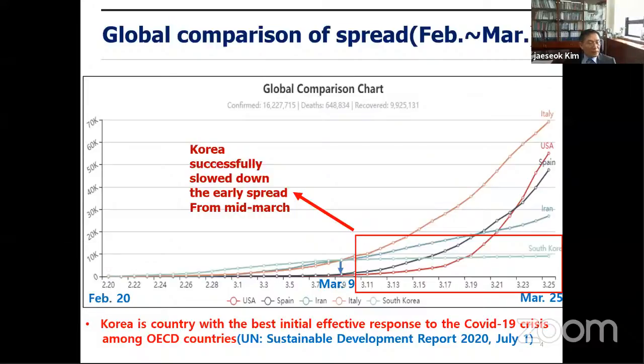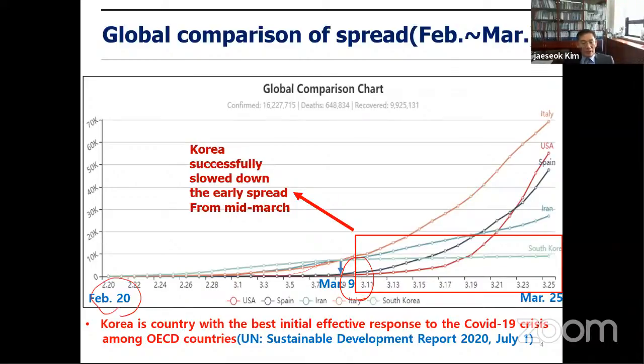Okay, from mid-February to mid-March, the spread in our country was very large. It increased from about 30 to 10,000 over a 1 month period. But Korea began to slow down because of our effective activities, which I introduce today.